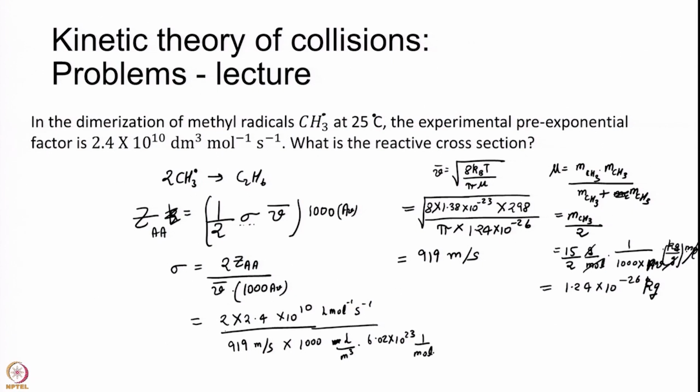So, a lot of things are going to cancel, liter cancels with liter, moles cancels with mole, seconds cancels with second, and I will be left with meter square. 1 meter will cancel with square, and these are all numbers that I can just plug in, and I get that's equal to 8.7 into 10 to the power of minus 14 meter square.